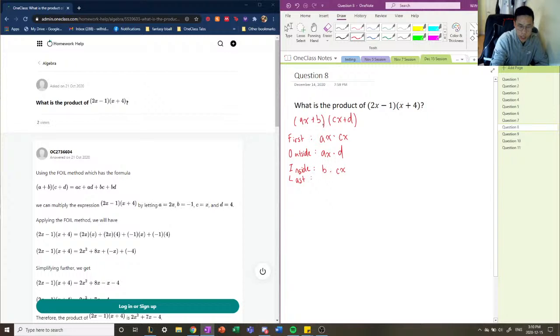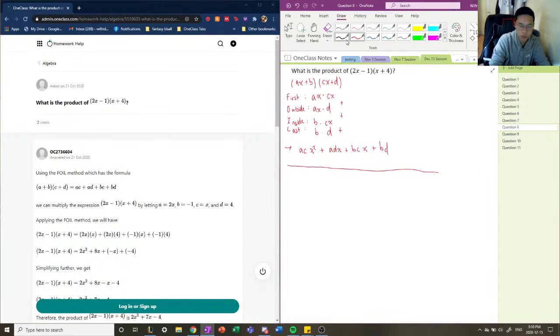And finally, the last terms, the last term in each bracket, are b times d. And we're going to add these all together. What we get is acx squared plus adx plus bcx plus bd. Okay, so that's what we're going to do here with our factors.